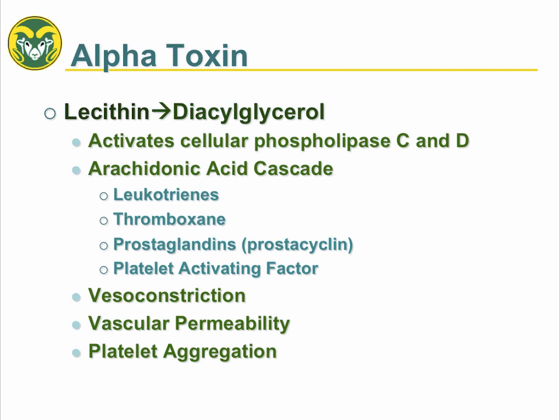What's thrombus formation going to do relative to blood supply? It's going to decrease blood supply. This is one of the mechanisms by which the ischemic or anaerobic environment in the tissue can expand, because of this platelet activating factor and thrombosis of the blood vessels. That allows the environment to expand so the vegetative organism can grow into more tissues and keep expanding in its distribution.